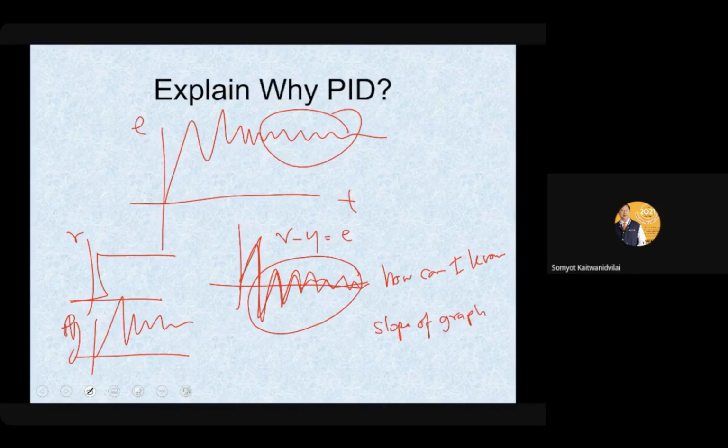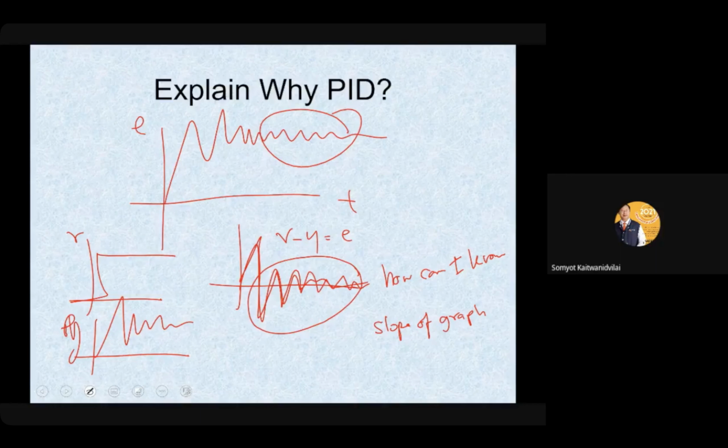If the system is here, do you think it oscillates or not? No, because at this point the slope becomes almost zero, right? It does not have much slope. But if the slope is here, you see, the indicator of oscillation is the slope of the graph in these situations.